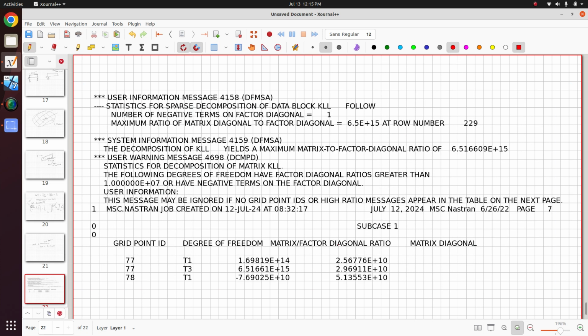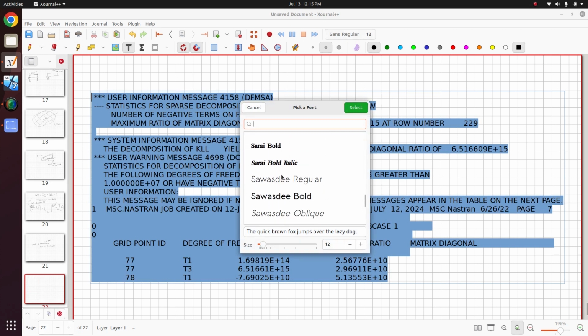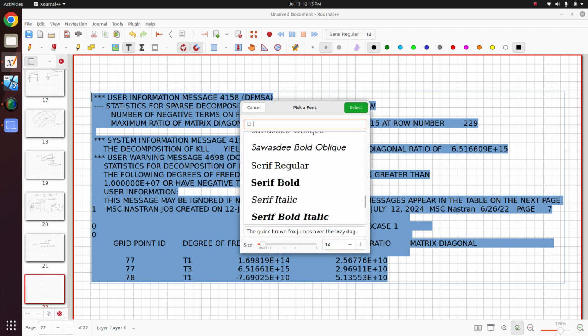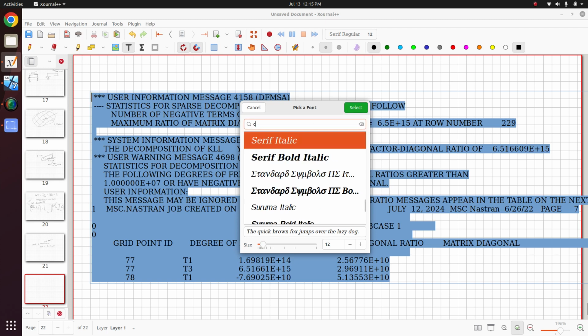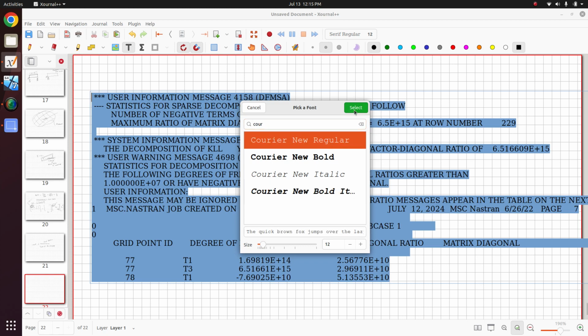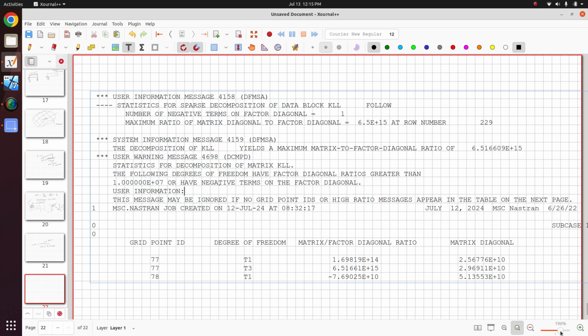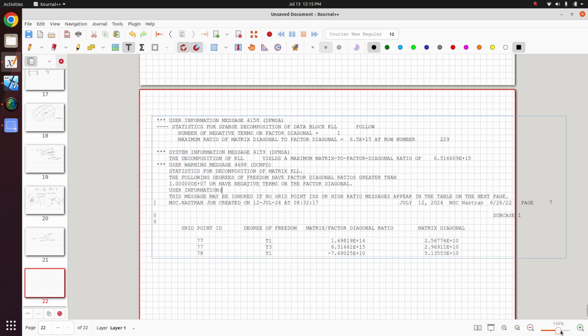The formatting is a little off here, so let me see if I can fix this for you. I'm looking for something that's a little cleaner here. I don't know if I'll be able to. Oh, yes, perfect. There we go. So here what I want to do is annotate this text for you.